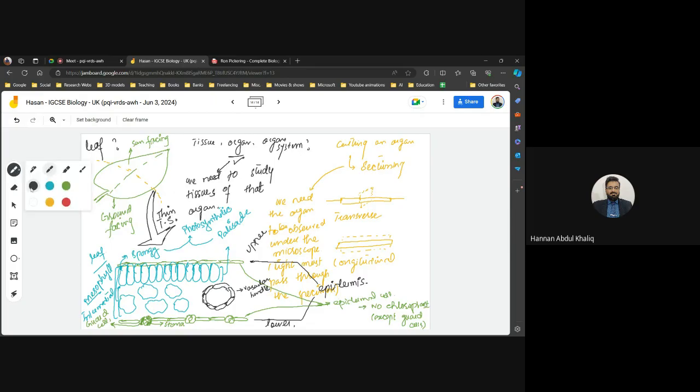Inside of it, you will find this is xylem, and you would also find smaller cells here. These would be called phloem.